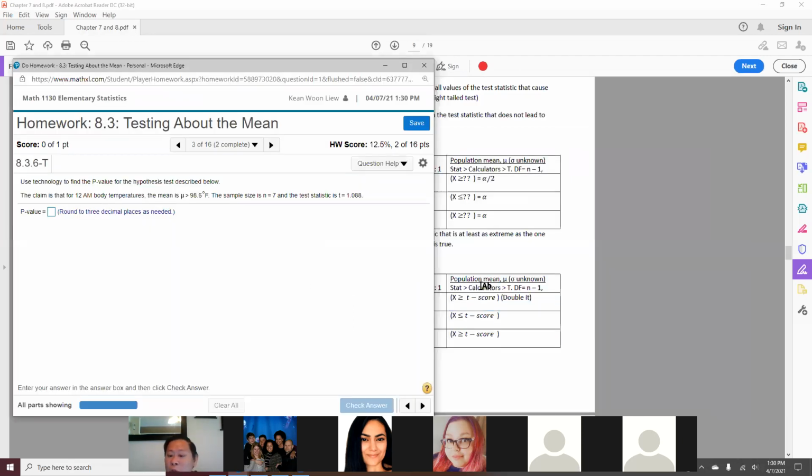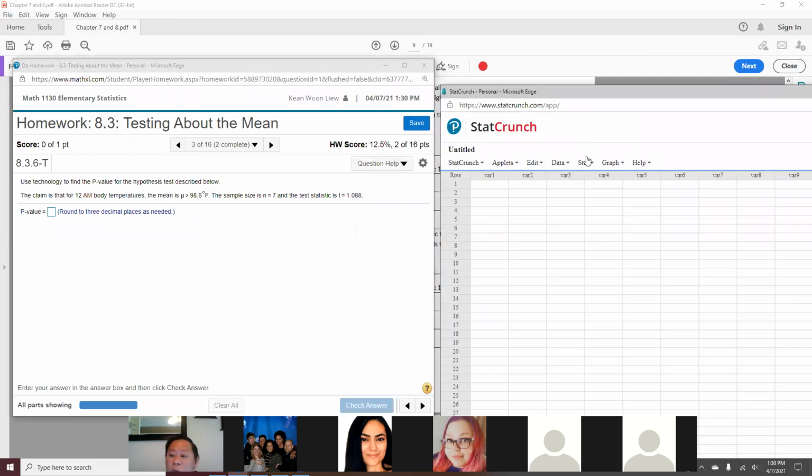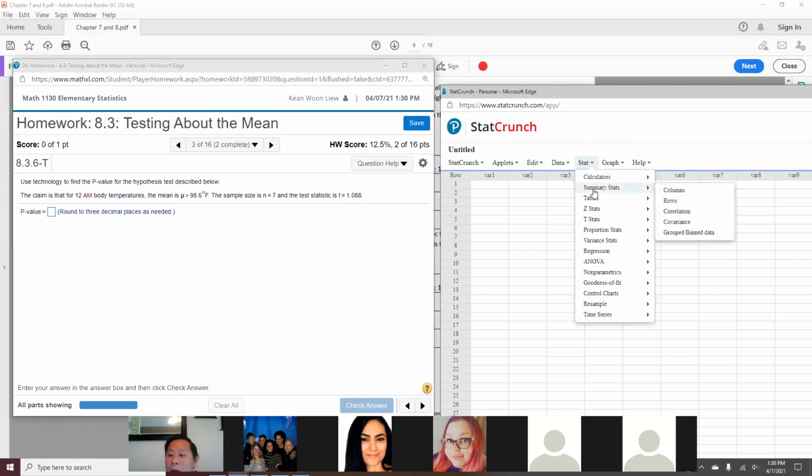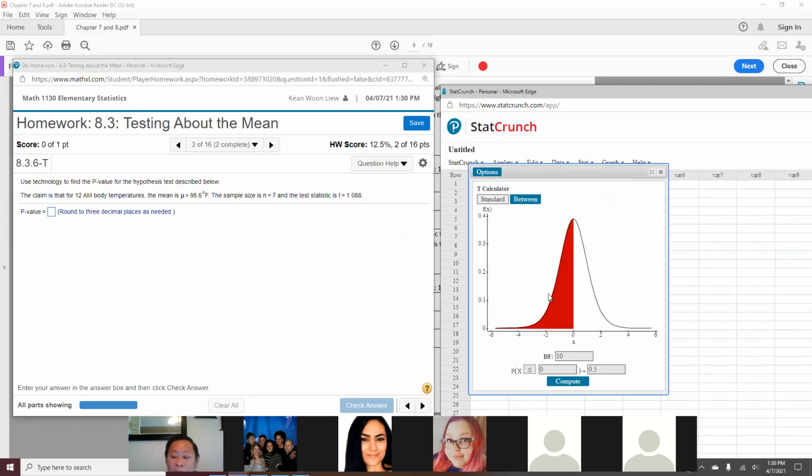So you have to go to your T calculators. You go to StatCrunch, Stats, Calculators, T. First thing you need to know is the degree of freedom. What is the sample size in this case?